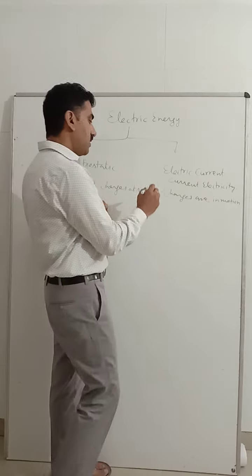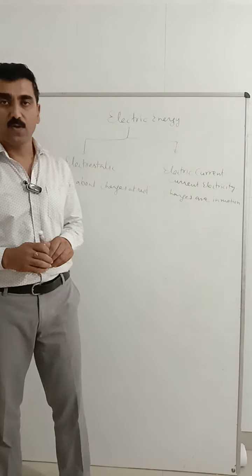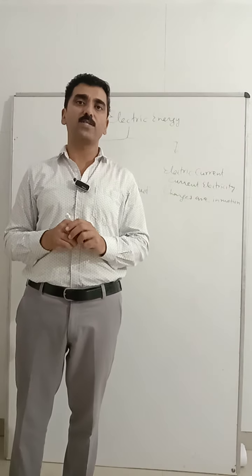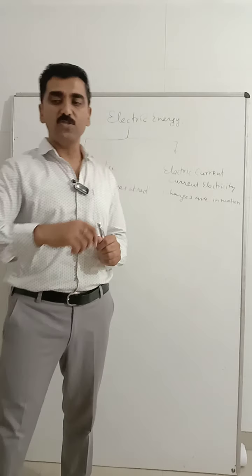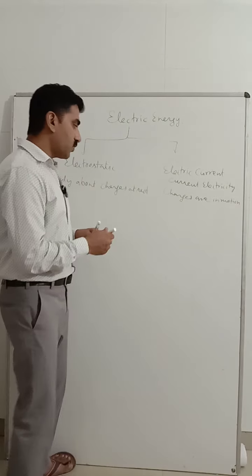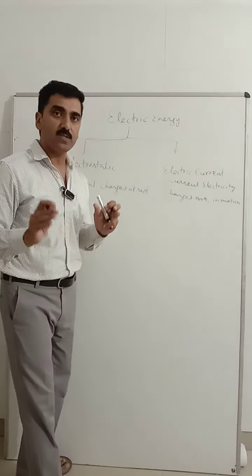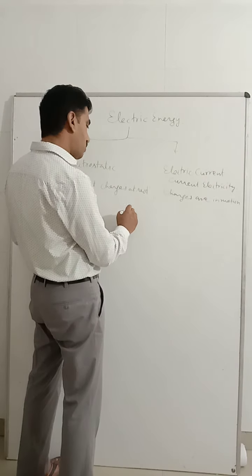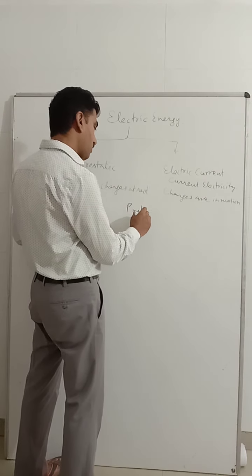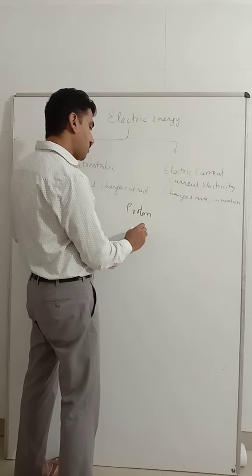Now I will discuss. There are two types of charges. One is positive charge and one is negative charge. See, positive charge is on the proton, whereas negative charge is on the electron. Proton is at the center of the nucleus.